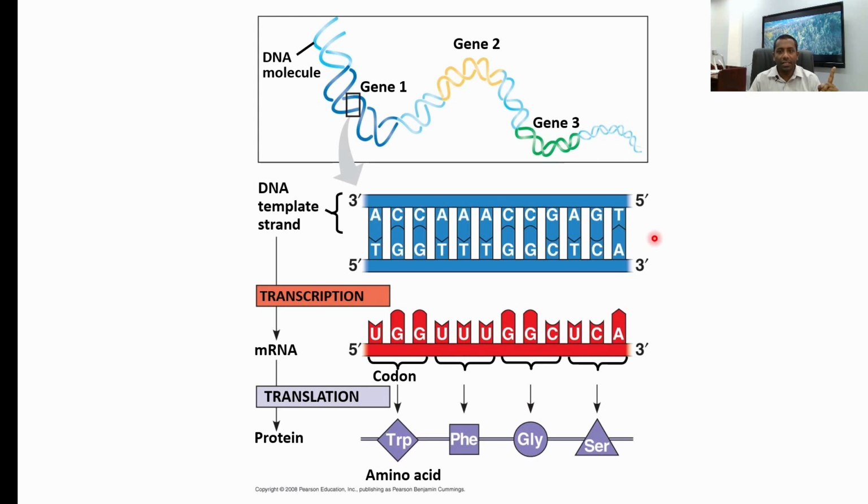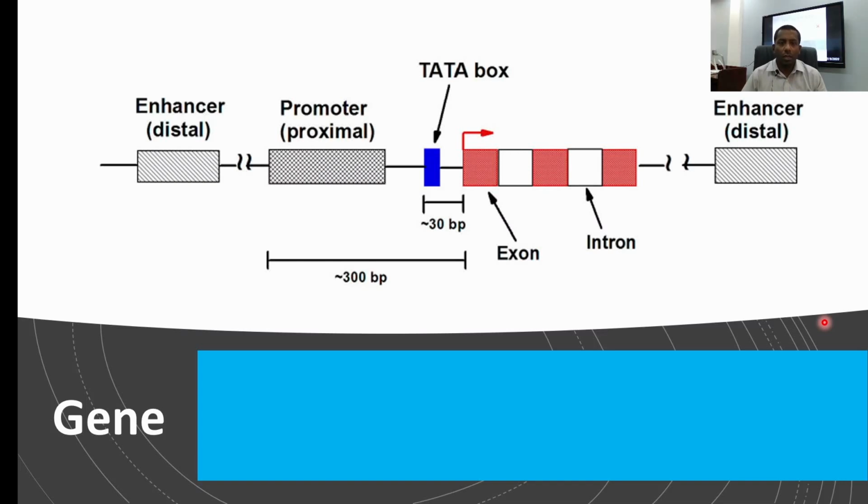The information in the template strand is transcribed to an mRNA molecule, and the information in this mRNA molecule is translated to the protein. So this is the basic process of how information in DNA is passed down to the protein level. So let's look at the structure of a gene.